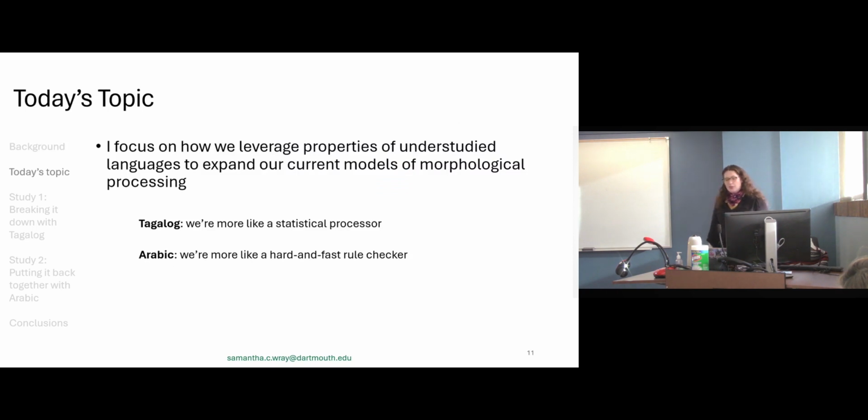So the data from Tagalog will show you that we're more like a statistical processor than previously thought. And the data from Arabic will show you that we're more like a hard and fast rule checker than previously thought. So again, both are true, but in different ways than psycholinguistic models have currently shown us.